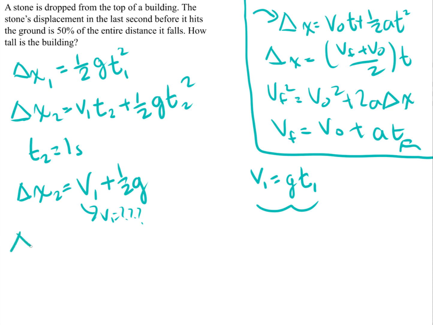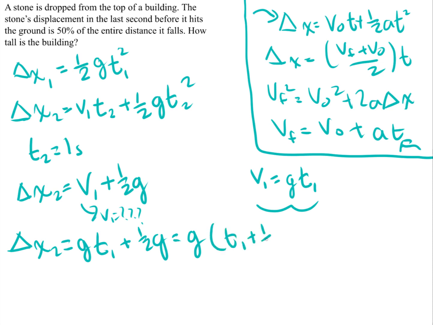Substituting that in, delta x2 becomes g times t1 plus 1/2 g, and we can factor out the g to get g times (t1 plus 1/2). That's our expression for delta x2. And we know that delta x1 must equal delta x2, because delta x2, the second part of the displacement of the stone, is equal to 50% of the entire distance it falls.